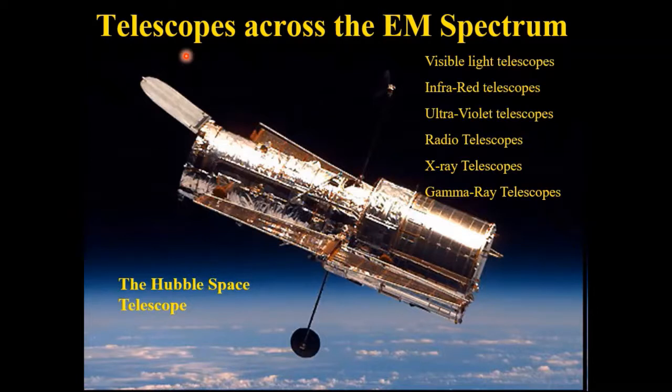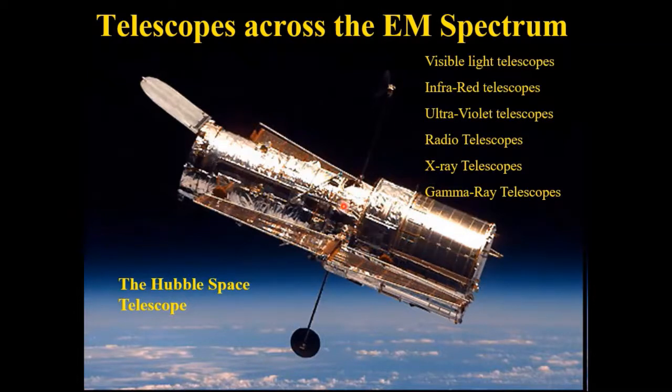So it's a pretty amazing technological advance to be able to have telescopes that not only allow us to see in the visible light spectrum, in other words, how our eyes would see it, but also we can have telescopes that are designed to see in infrared, in ultraviolet, in radio, in X-ray, and even in gamma ray. So we're going to look at some of these different types of telescopes in the next few slides.